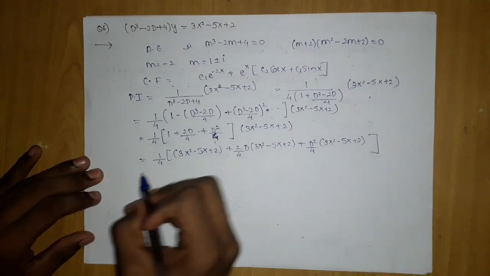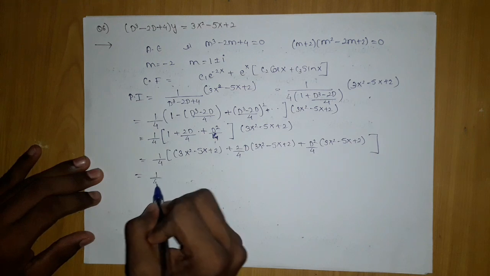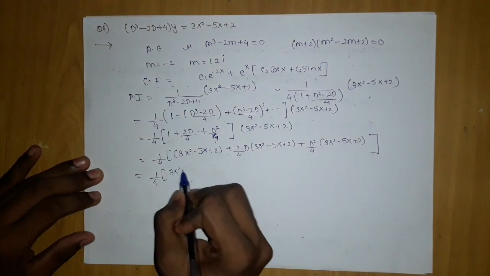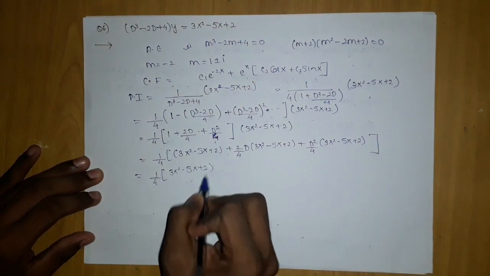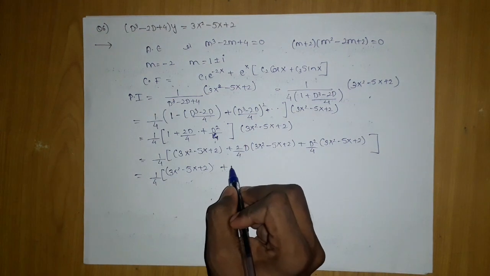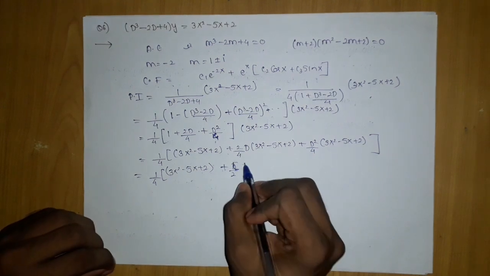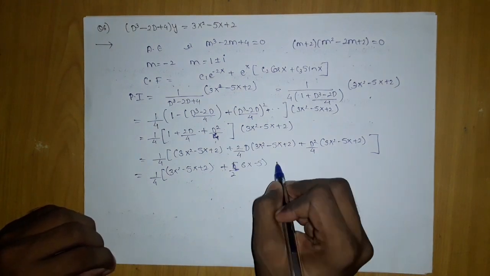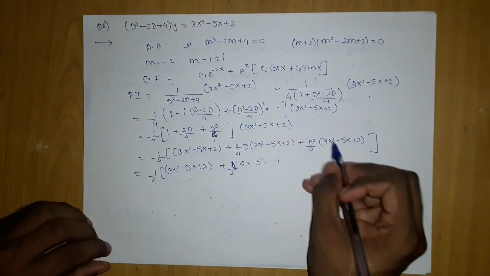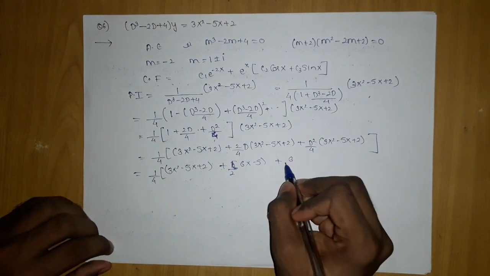If we simplify, 1 by 4 bracket 3x square minus 5x plus 2 plus D by 2, and if you differentiate this, it will be 6x minus 5, and if we do the twice differentiation, this will be 6 only, so 6 by 4.